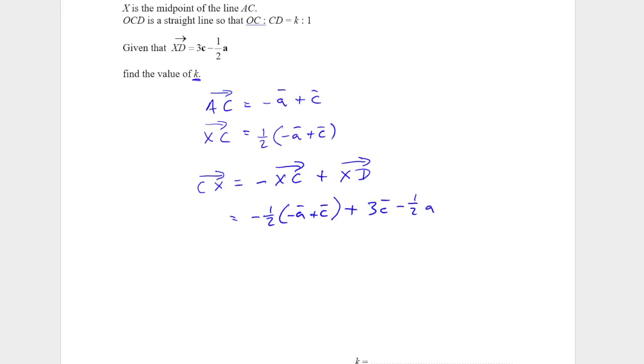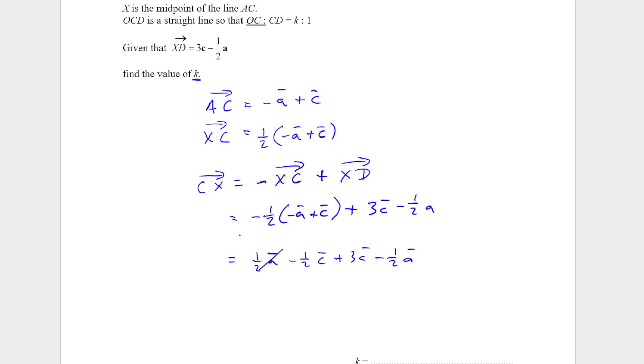Okay, so if we look at that, that is actually going to give us a half a plus, no, sorry, minus a half c plus 3c minus a half a.